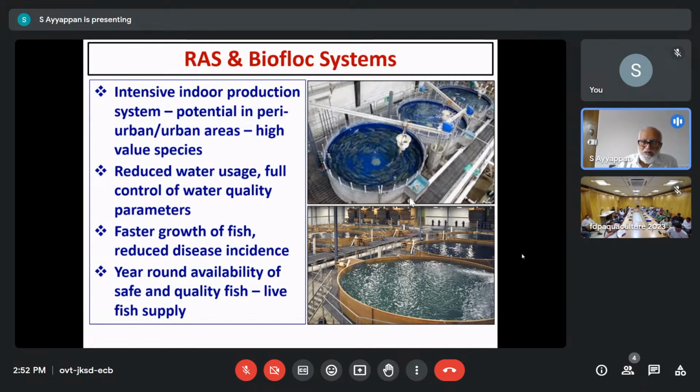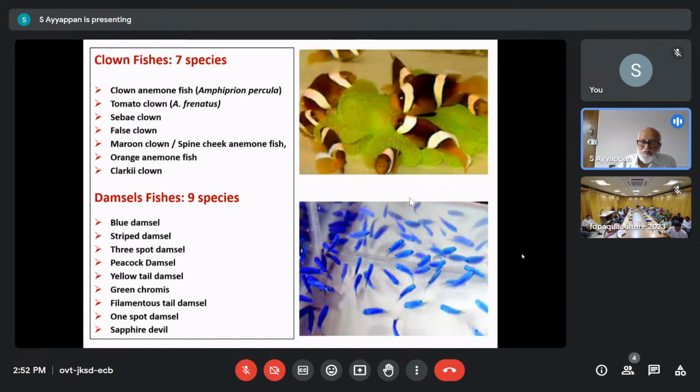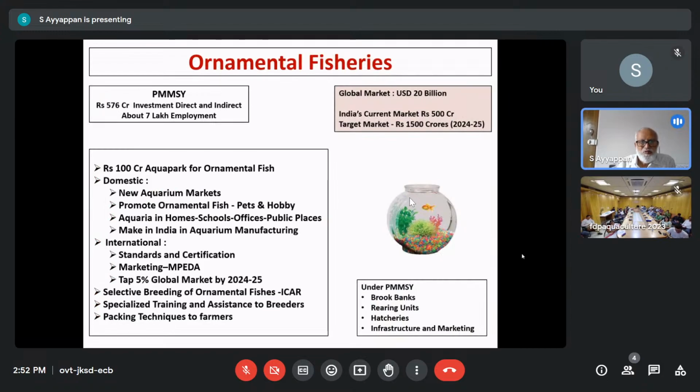And these are being used in intensive aquaculture systems, where very specific feed formulations are available. Ornamental fish as an enterprise, as an industry, has come up, and about both marine and the freshwater species, varied species that are available. So a specific program on aqua park and ornamental fish.